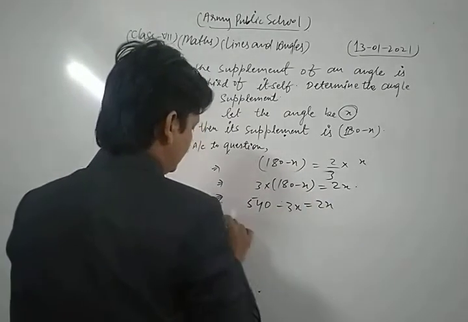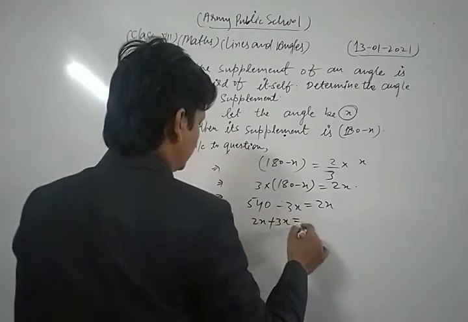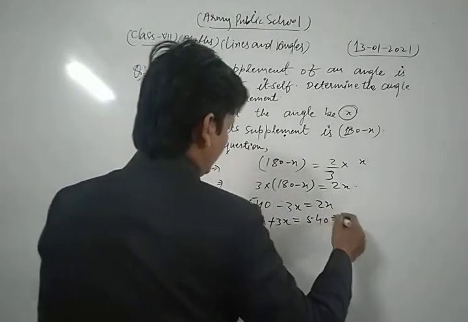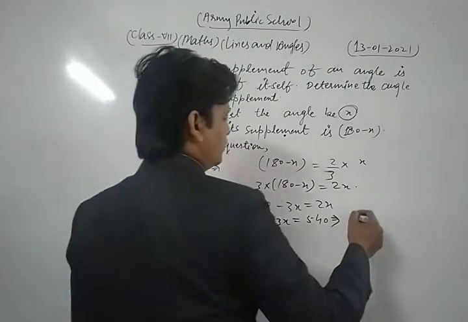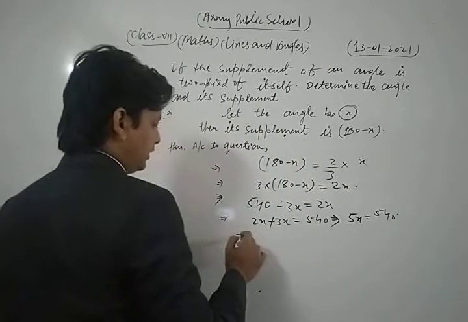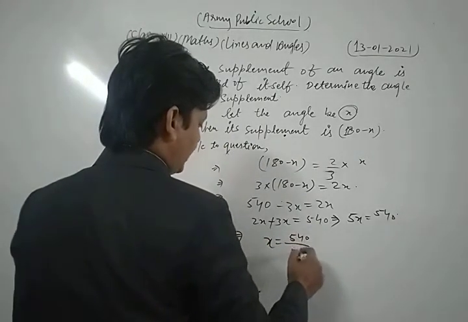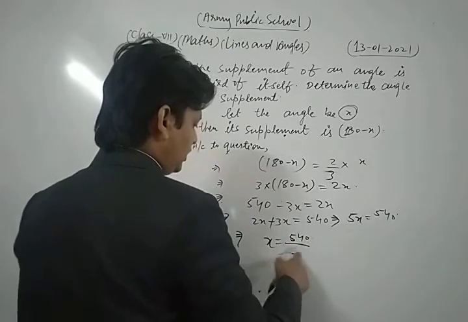Now 3x from that side, so 2x plus 3x is equal to 540. Now 2x plus 3x is 5x equal to 540. Thus the value of x is 540 upon 5.